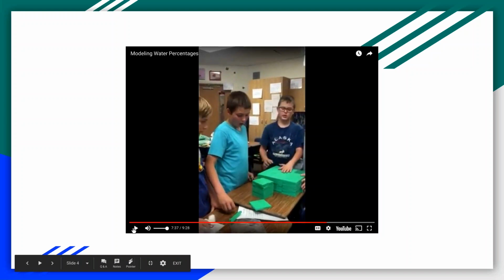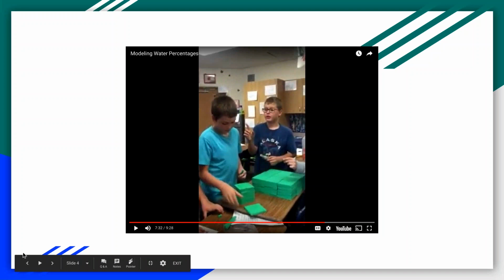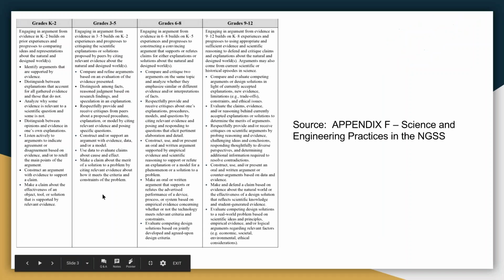I'm going to stop it there and go back, because I just want you to think about, that's an example of 5th grade. And so that's a 5th grade classroom engaging in argument from evidence. And what sort of verbs did you see them engaging in that showed that they were engaging in this practice?